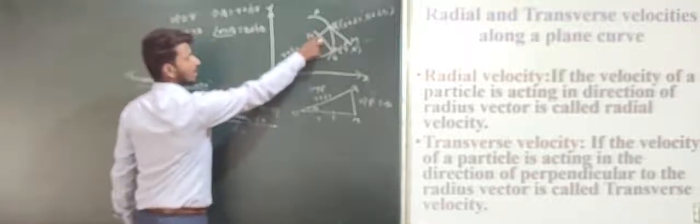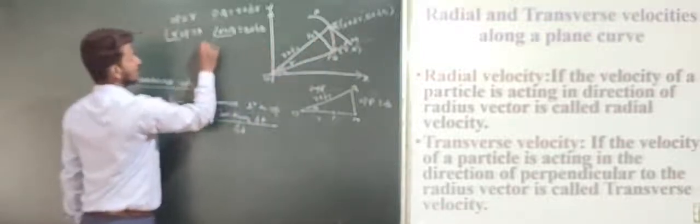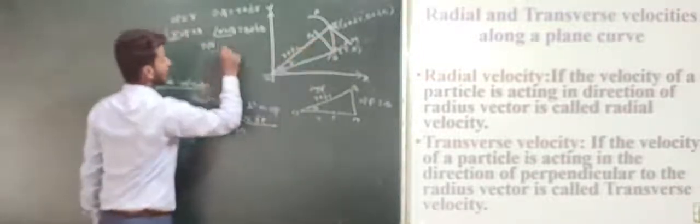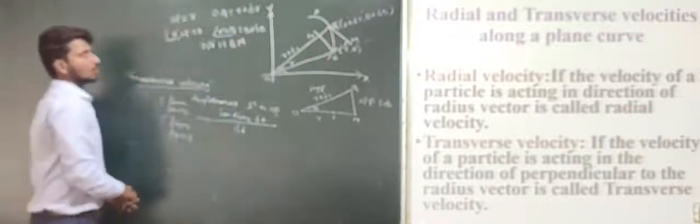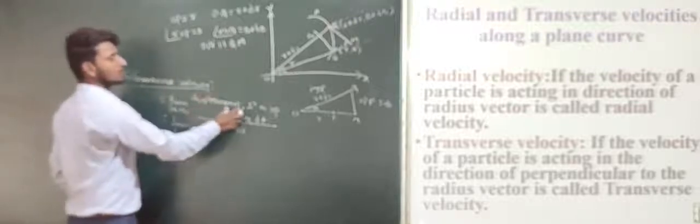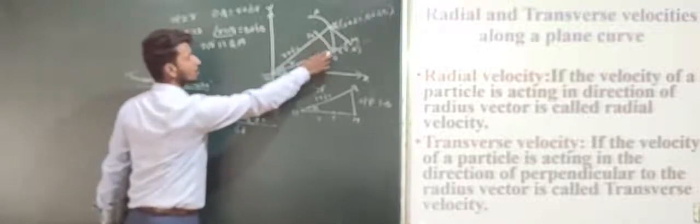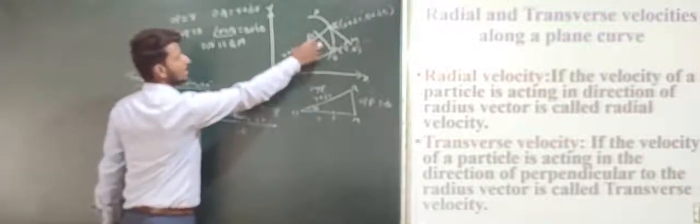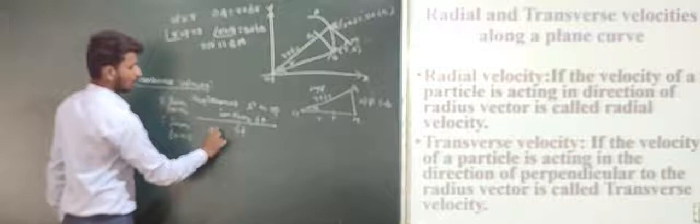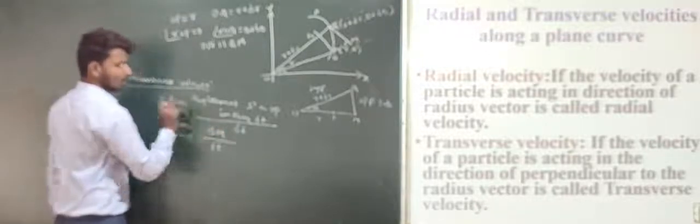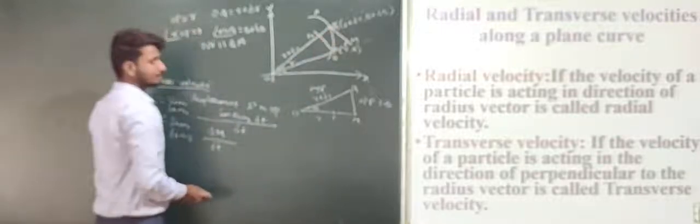Pn is perpendicular to OP and parallel to Qm, so we can take the point Qm as the displacement, divided by delta t. Now we have to find the side Qm.